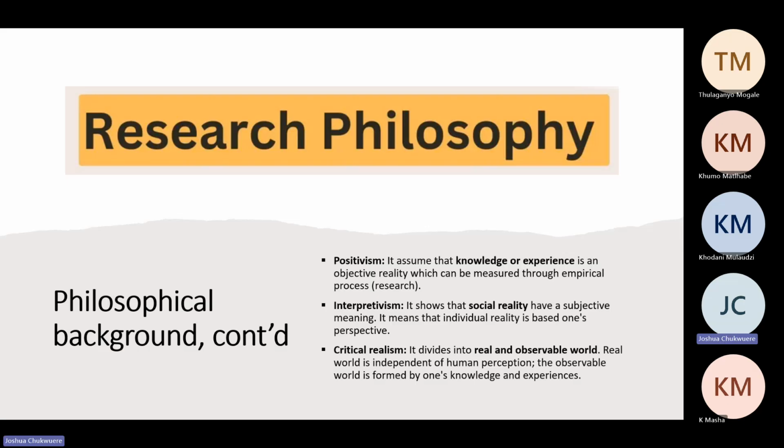So you want to look at how people's social environment determines their personality. This is the kind of philosophy you need to use, and others. But this number of philosophies we have looked at here are commonly used philosophies in information systems, which are also included when you look at the research onion.